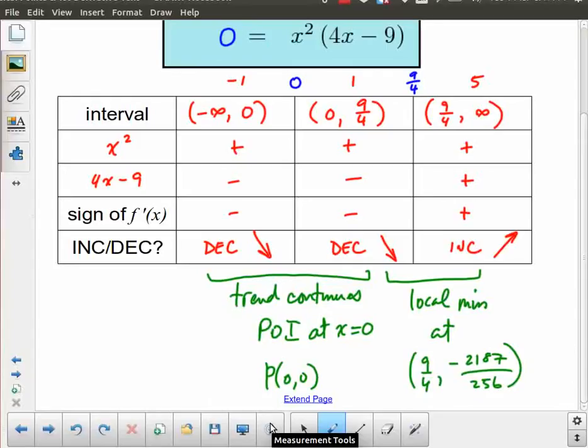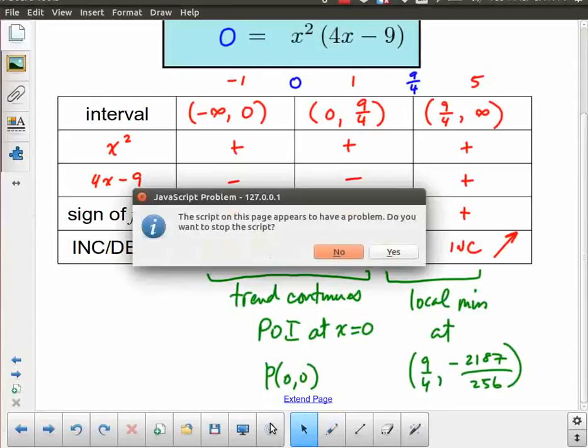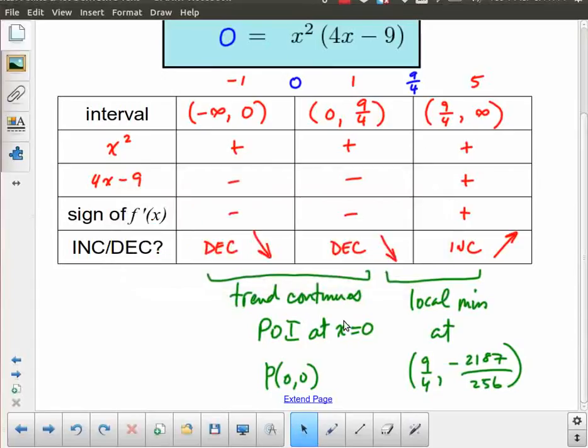Okay, so now I have identified a point of inflection and I've identified a local minimum.